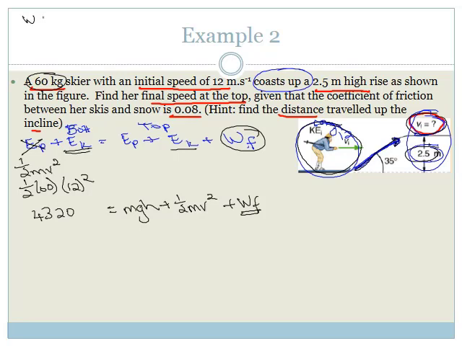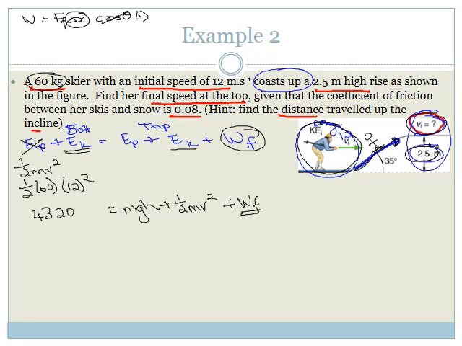So we know that work done is equal to F delta x cos theta. But this is the work done against the force of friction. So this is the force of friction. That is the displacement, how far the force of friction has occurred. And cos theta, because she's going to be traveling parallel to the surface, is going to be the cos of 0, which is 1. So we can ignore that. That's just a 1.